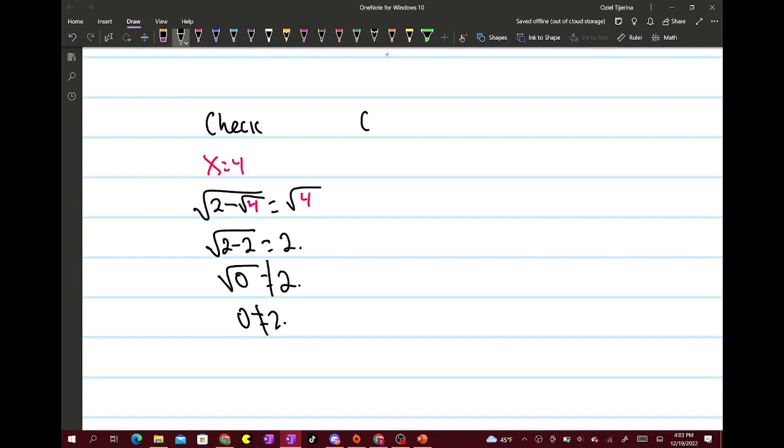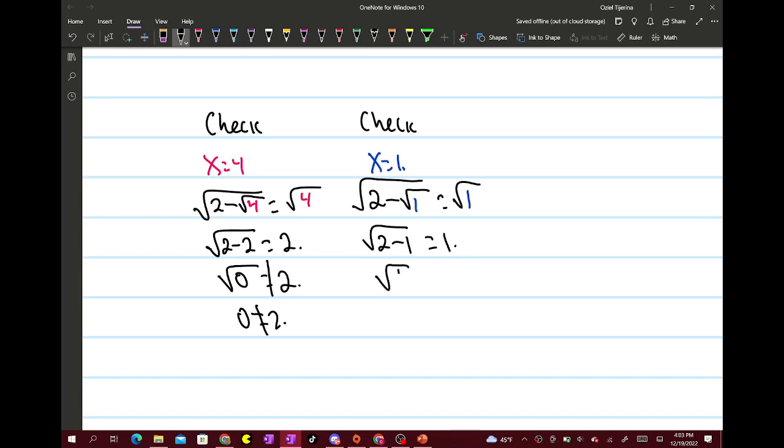So now we're going to do x equals 1. So we have the square root of 2 minus the square root of 1 is equal to the square root of 1, right? So this is the square root of 2 minus 1 is equal to 1. And we know that the square root of 1 is equal to 1 because 1 is equal to 1. So this checks out.